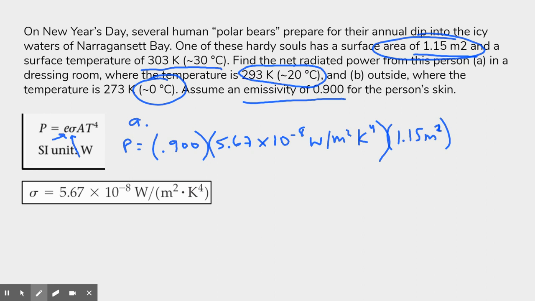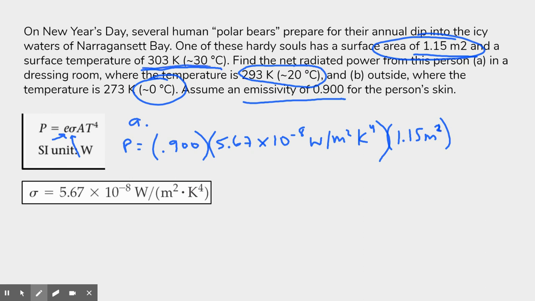Finally, we need the temperature, and here is where we're going to have to do a little something. So this is temperature to the fourth. We need to know the temperatures, and we have them in both Kelvin and Celsius. So you've been given two different temperatures.